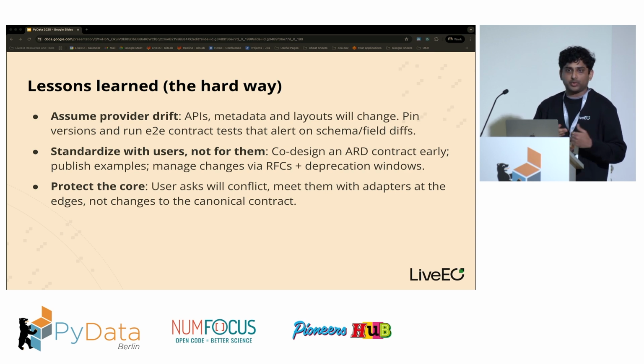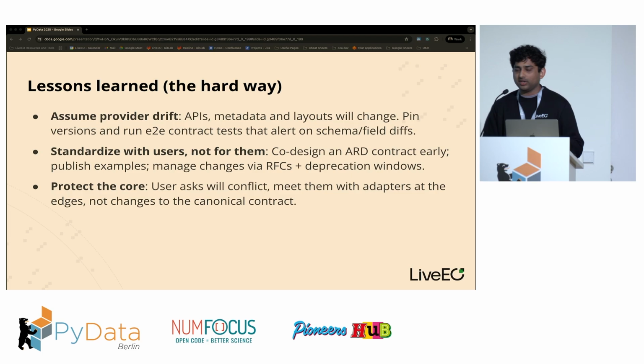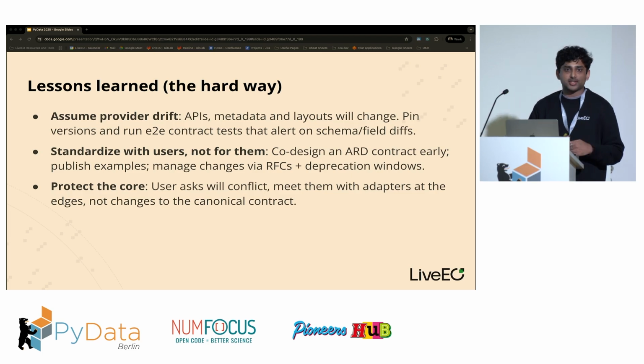We had to standardize with users, which is internally where we had to discuss with multiple different teams what their definition of a standard is, because it's not the easiest; it's a lot of social science, more than data science. Protect the core, because the user asks will conflict, so you have to know when to say no and meet them with adapters instead. So build the core functionality and then enable them to do what they want with adapters.